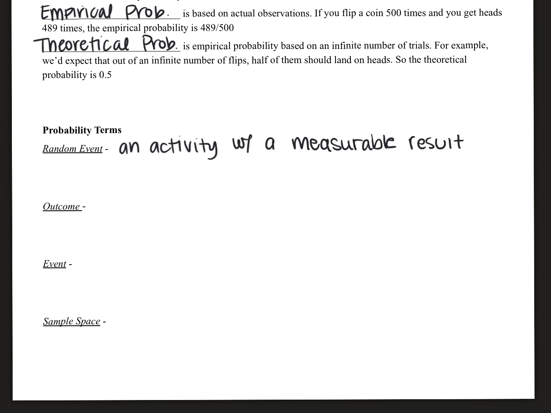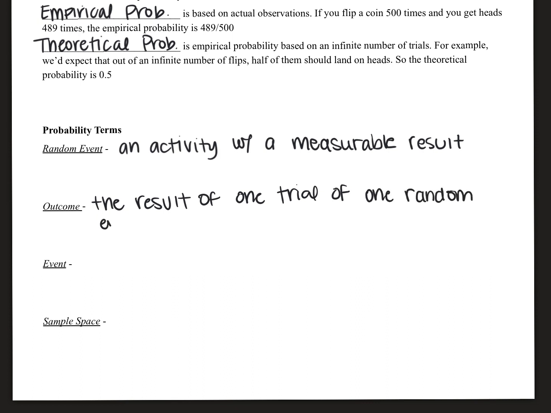The coin flip was the activity, the measurable result was the number of heads we got. Outcome is the result of one trial of one random event. So if you flip a coin one time and you get heads, that outcome is heads.